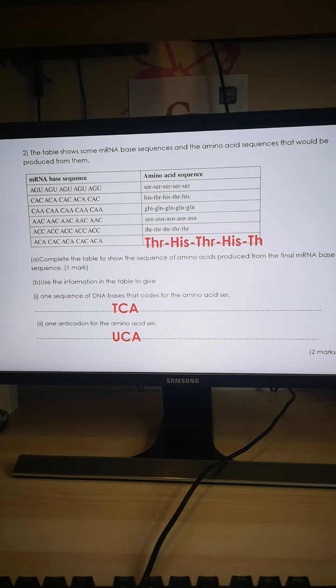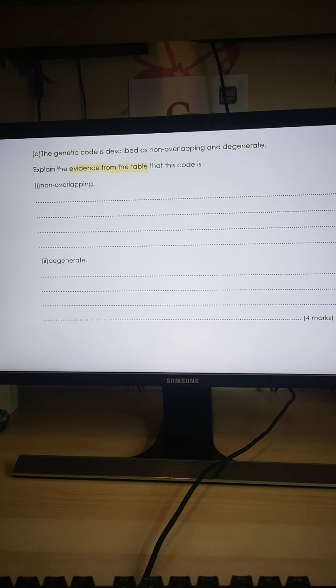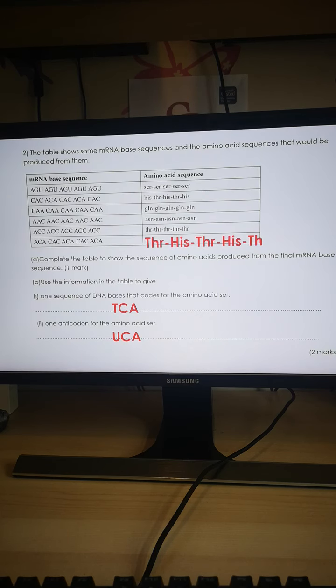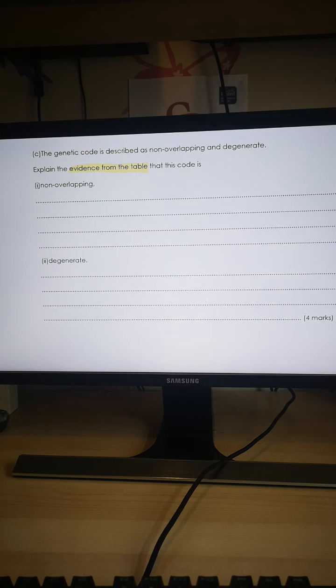They used to give that codon table that I showed you earlier, but they've moved away from that because it was too easy for students to learn how to use it and learn a rote answer. So they really want you to show that you're thinking about these as a problem solving exercise. Evidence from the table that it's non-overlapping, evidence from the table that it's degenerate. Do you want to have a go and then go through the answers with me?